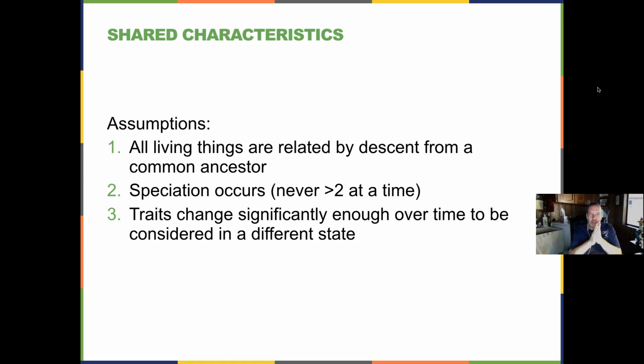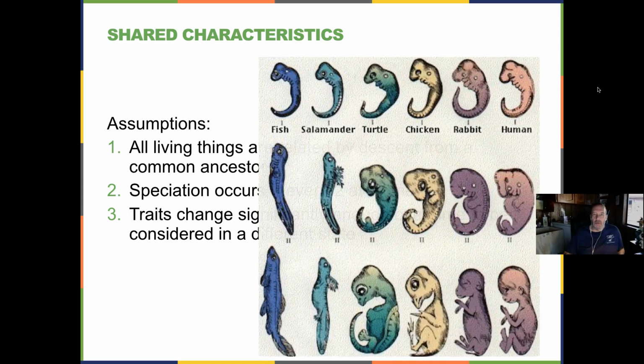So one species speciates into two, and then maybe that other species could speciate into two, and this one could, but never more than two at a time. You don't go from 1 to 5. And then also that traits change significantly enough over time that they are in a different state, that they are truly a different species. And so again, those are our assumptions that we work on in the process of developing these phylogenetic trees.